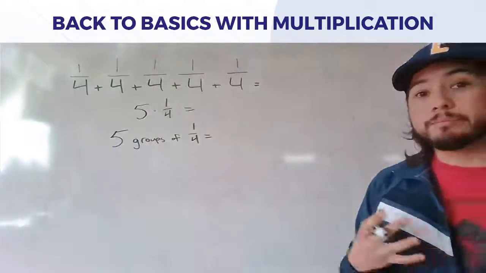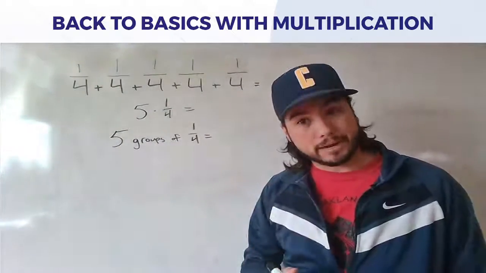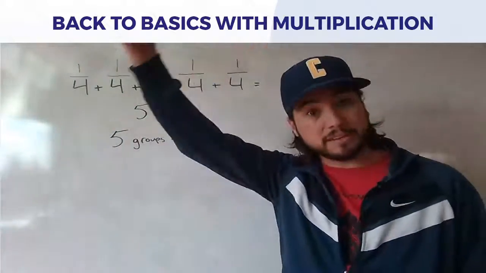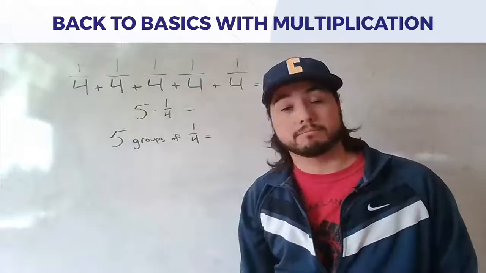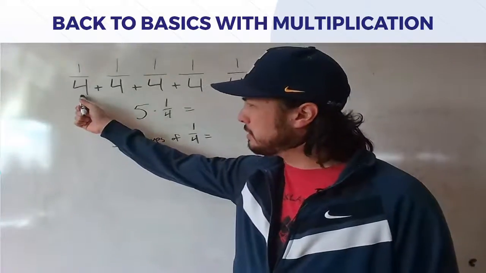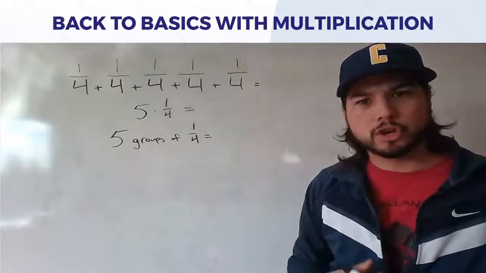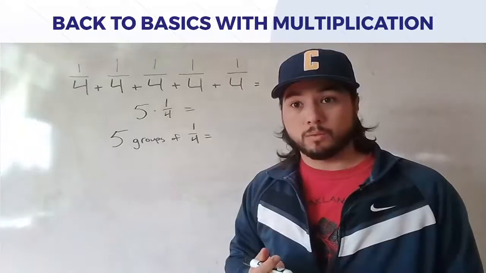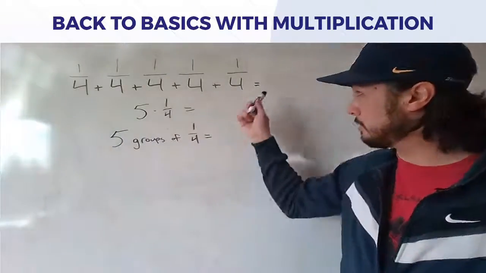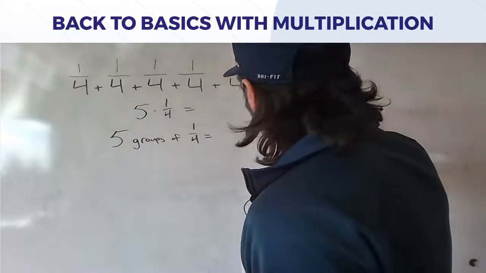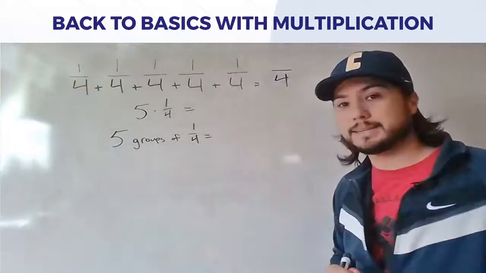And as we remember from adding fractions back in, 17 years ago, aka September, right? When we add fractions, our denominator shows the size of each piece. We're not going to add these 4s up, so there's not going to be a 20 as our denominator. When we add or subtract fractions, our denominator stays the same.